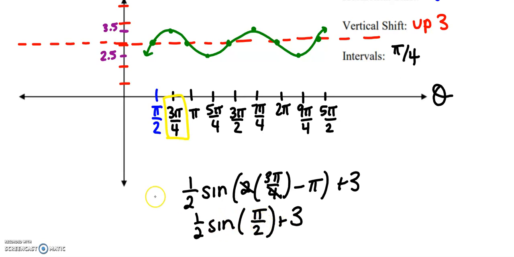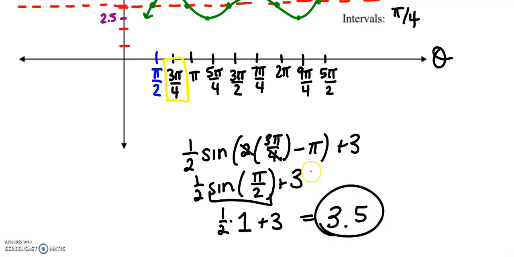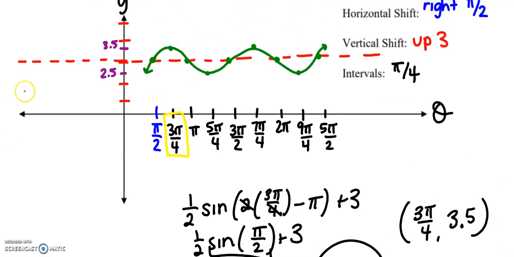The sine of pi over 2, we know from our unit circle, is equal to 1 times 1/2 plus 3. Well, 1/2 times 1 is a half plus 3 is equal to 3.5. So my input was 3 pi over 4, and my output was 3.5. Well, look up here. In went 3 pi over 4, out came 3.5.